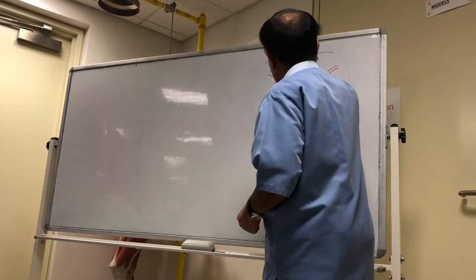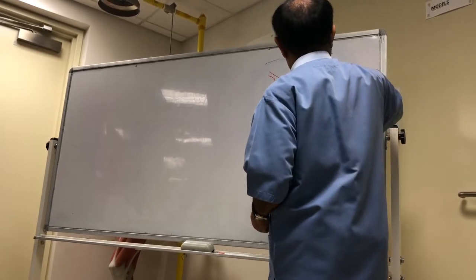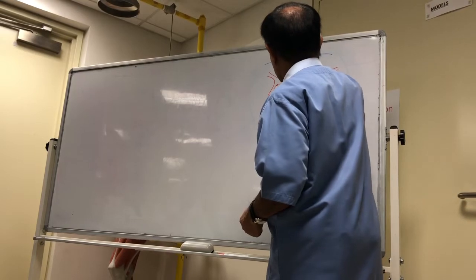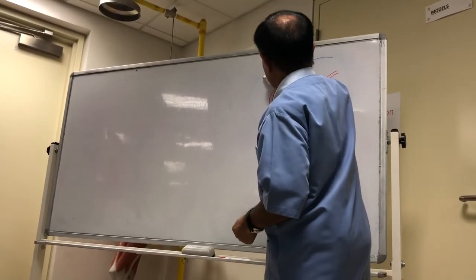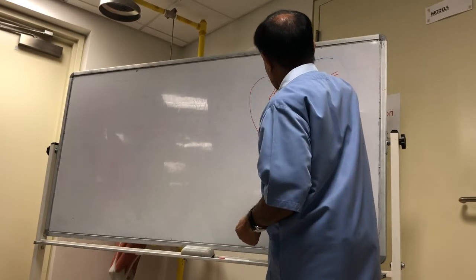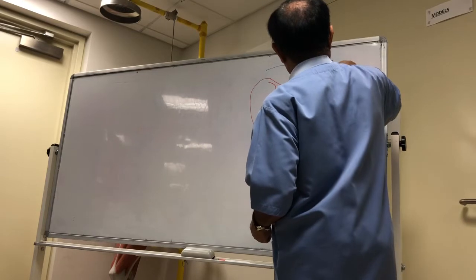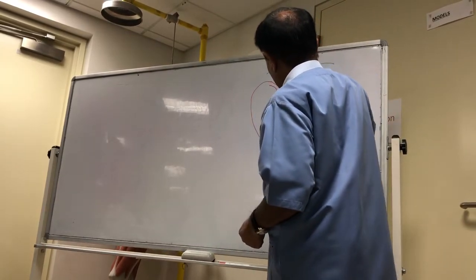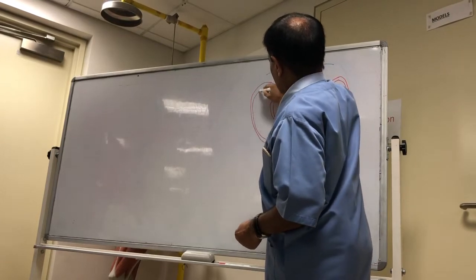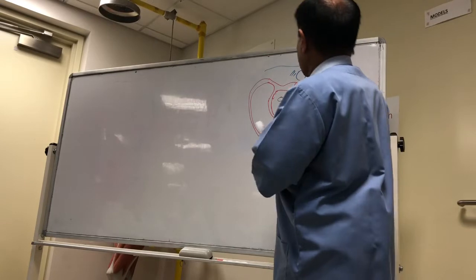So what I'm trying to do is join this with this, and this with this, and the other one. Okay, and obviously the skin has to come over here.